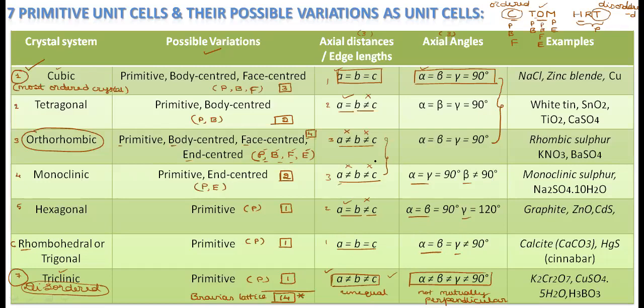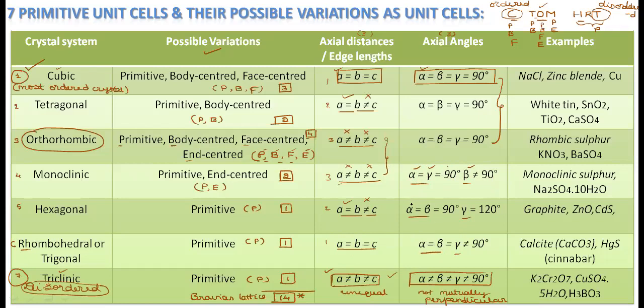Now for monoclinic, alpha and gamma are equal to 90 degrees, but beta is not equal to 90 degrees. First and last, that is alpha and gamma, will be 90 degrees, beta will not be equal to 90 degrees.